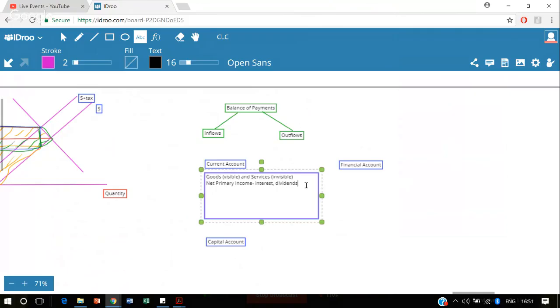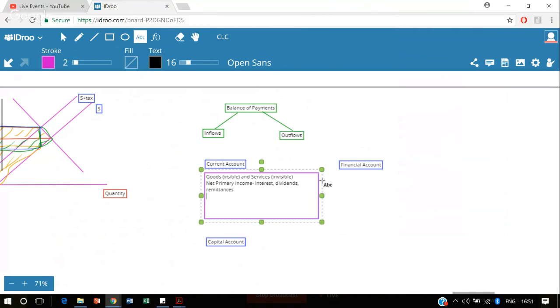Absolutely right. That comes under net primary income. Okay, so interest, dividends, remittances, basically profits generated abroad from foreign investments, all that kind of money earned overseas.